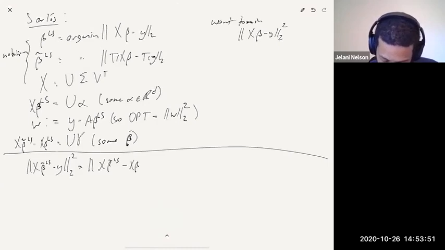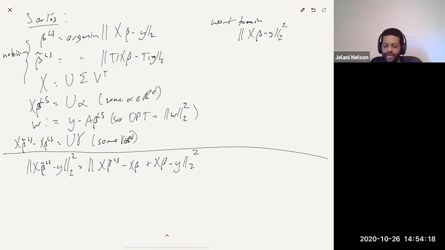Gamma. Okay, so let me stop writing all the LS's. If I don't write LS, it's there. So I'm subtracting x beta and adding it back, so this is plus x beta minus y, L2 norm squared.